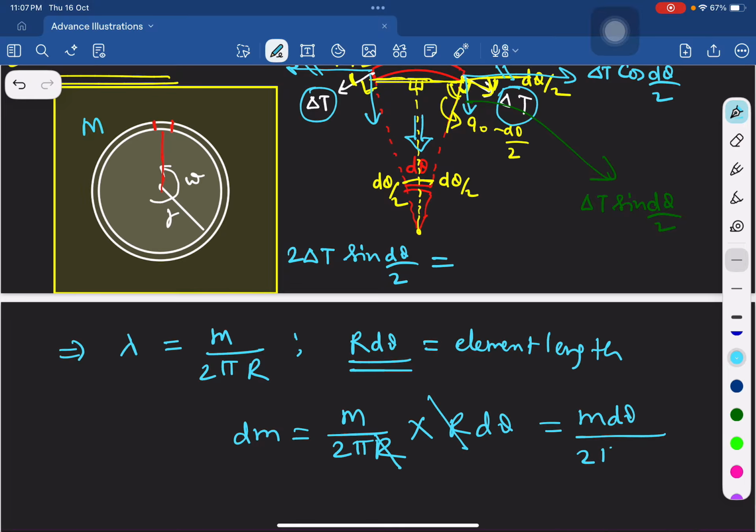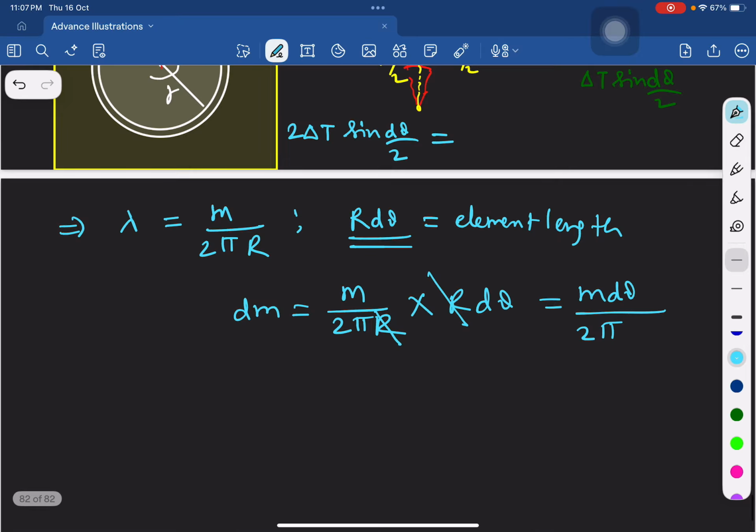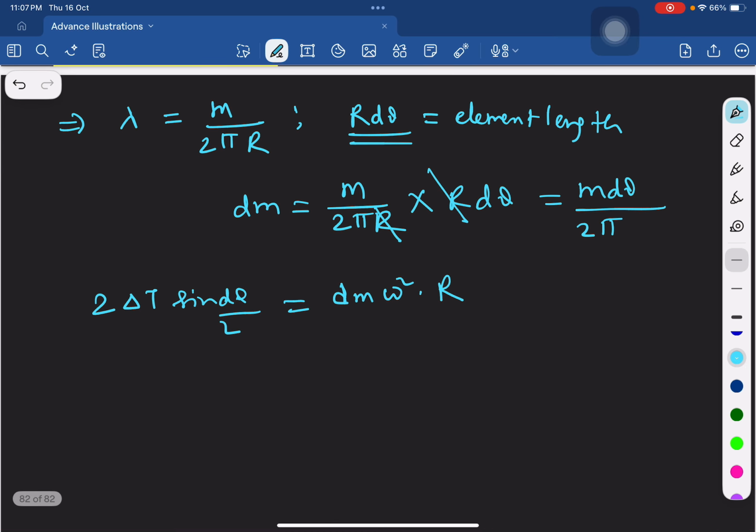So 2 delta T sine d theta by 2 is equal to m omega square r. Here m is dm, omega square, and r is r only. Because theta is very small, I can do the approximation, so it becomes d theta by 2, and dm is equal to M d theta divided by 2 pi into omega square r.